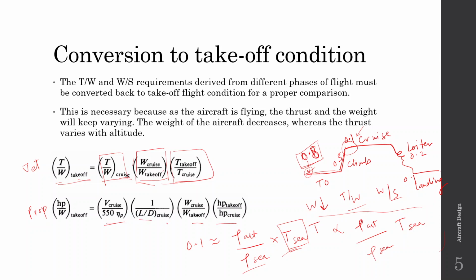Here in place of L by D you can also write thrust by weight, because you know that in cruise lift is equal to weight and drag is equal to thrust. So you can replace those values, it will come out to the same kind of formula.